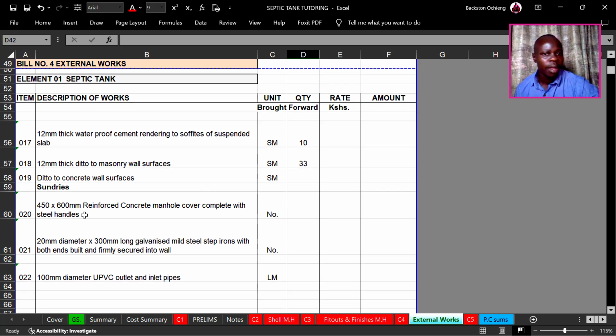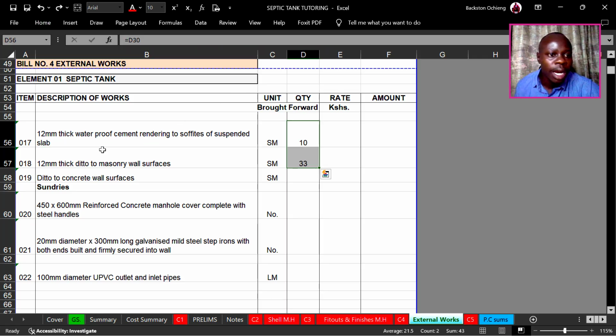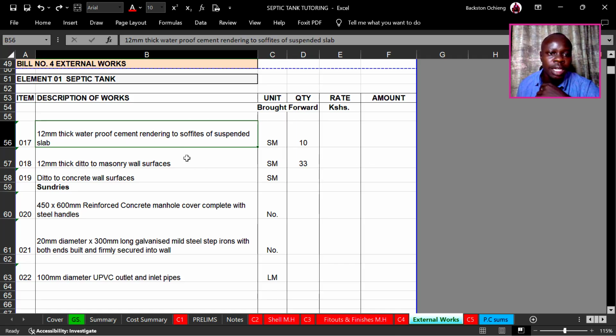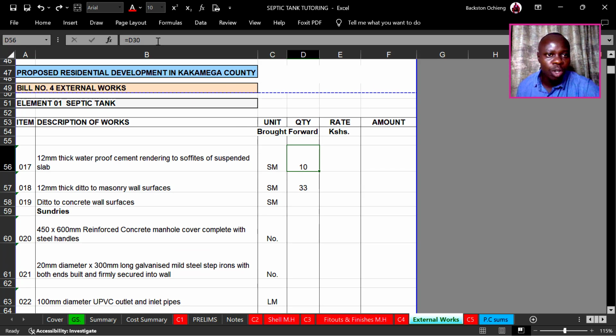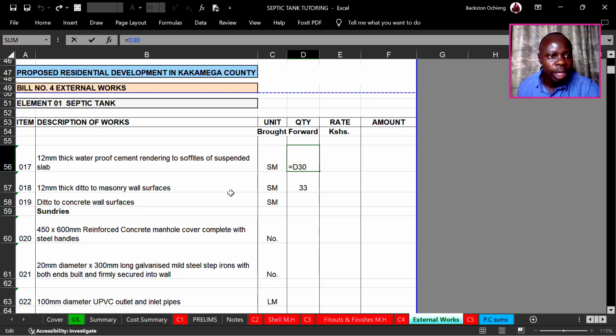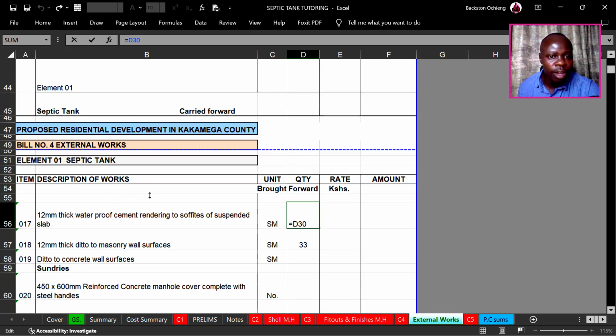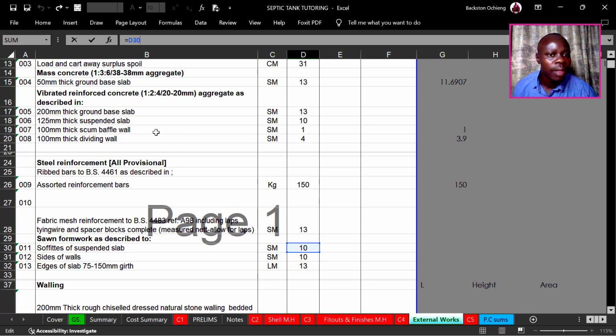Okay. Then we have this other one, 12 millimeter thick waterproof cement rendering to soffits of suspended slab. Okay, so this one is equal to what we had already calculated for the suspended slab, and that is 10.